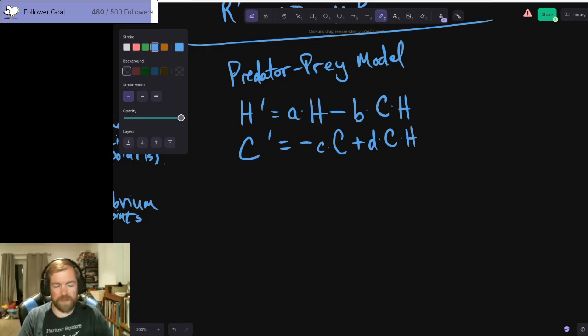So we're assuming that they are carnivores. They only get their food from predating these particular herbivores. So without any herbivores in the population, the carnivores will have an exponential decay in their population.